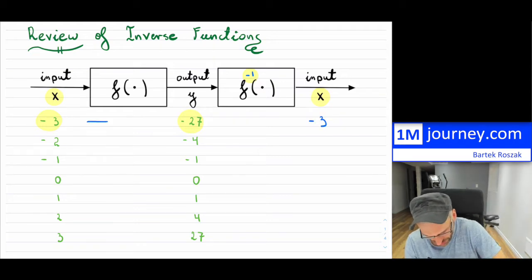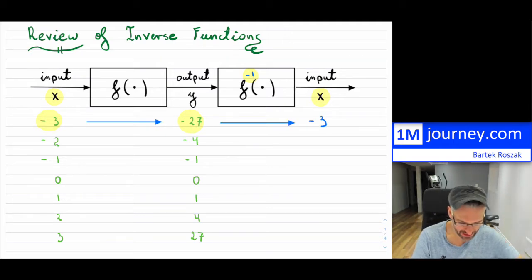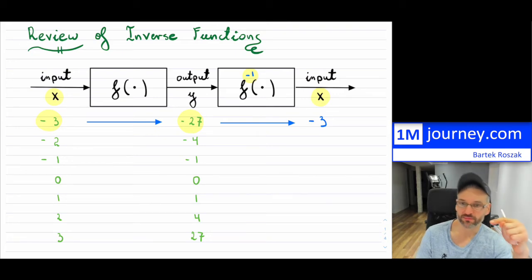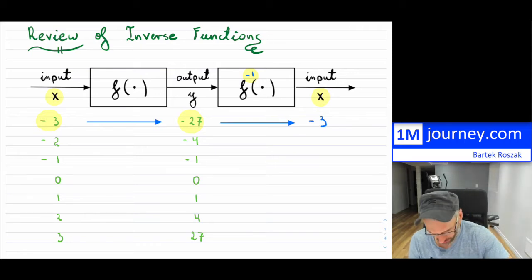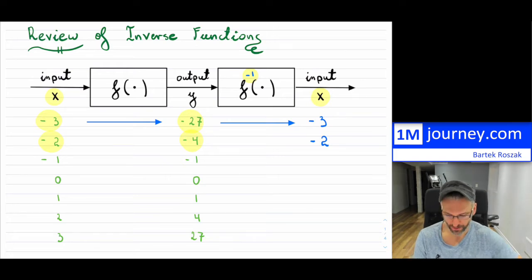It goes from -3, gets turned into some output, and we get this input back. As we continue, we have -2, which gave us an output of -4, and then we want to inverse this and get our input back.